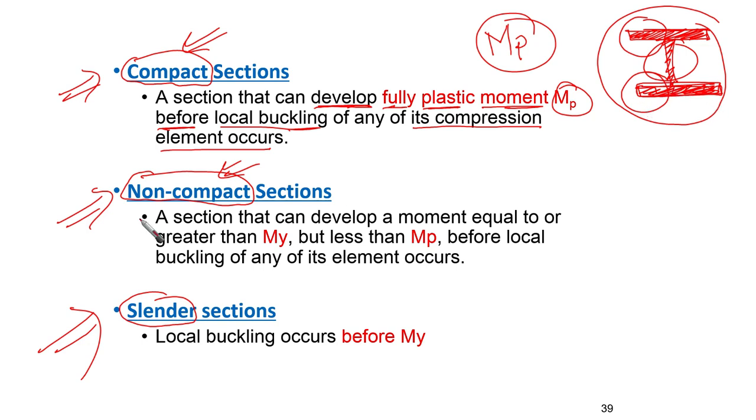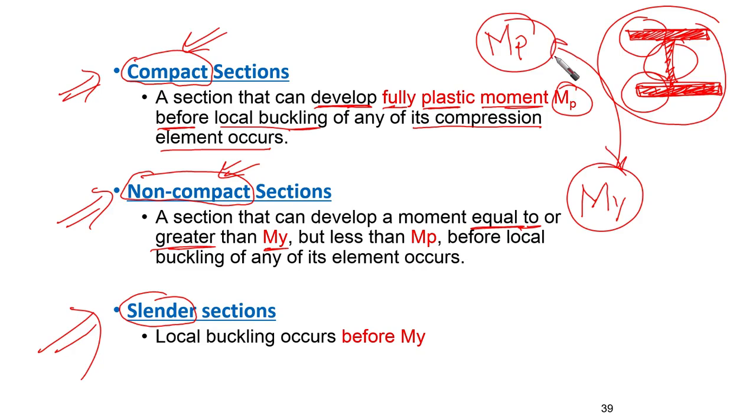However, for the non-compact section, I expect that the section can develop a moment equal to or greater than M yield. So here, M yield is going to be developed. You're going to ask me what is the difference between MP and M yield.